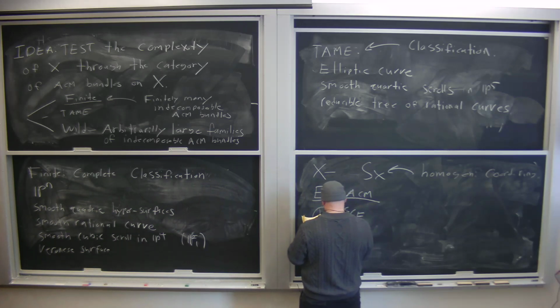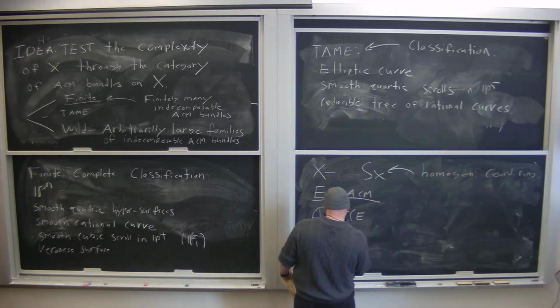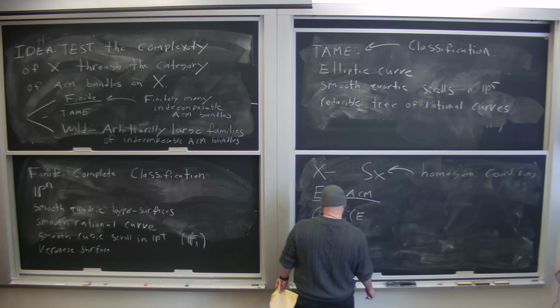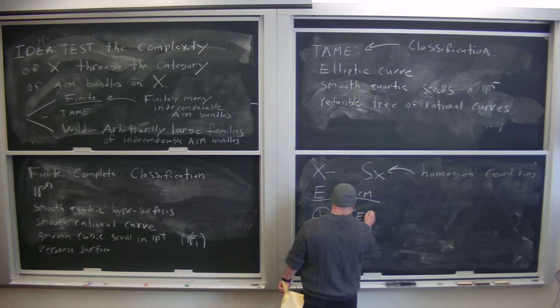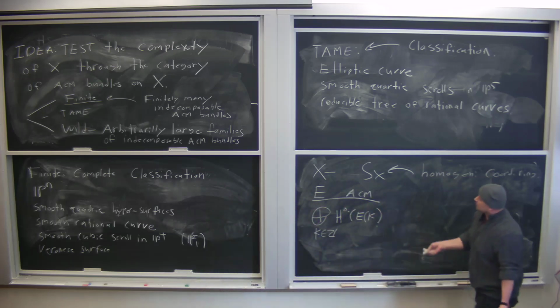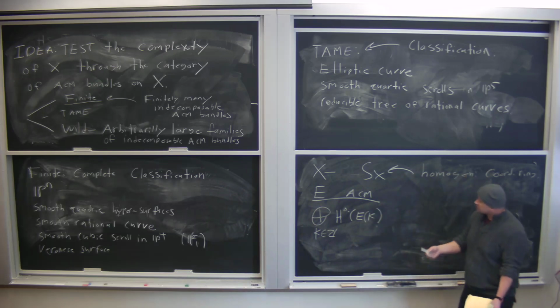So I look at this and I get a module over the homogeneous coordinate ring.